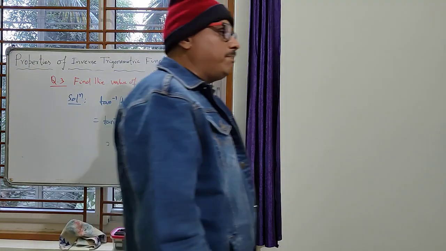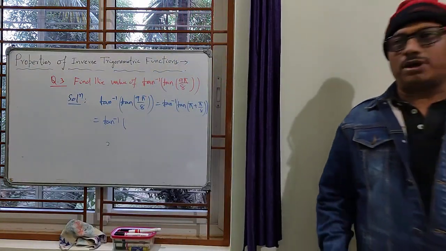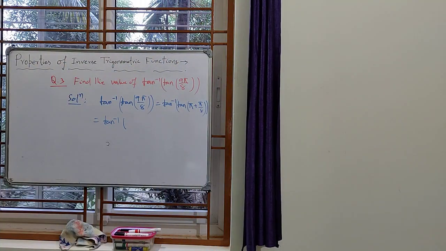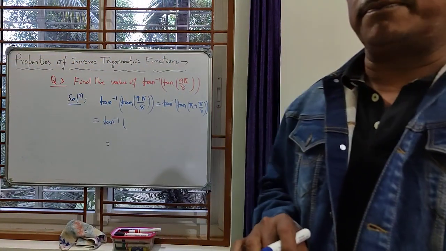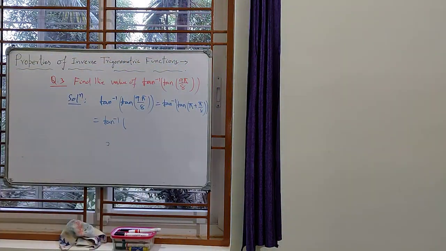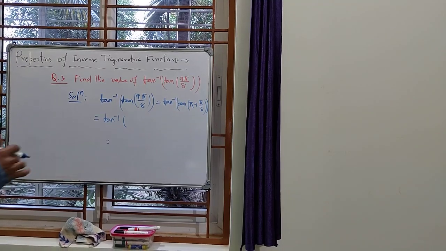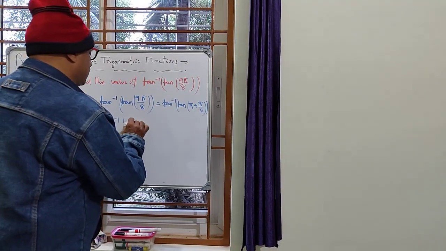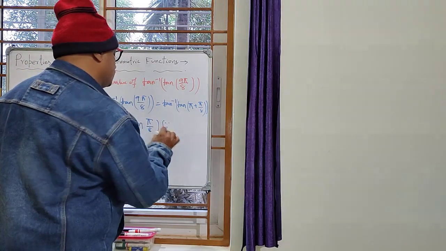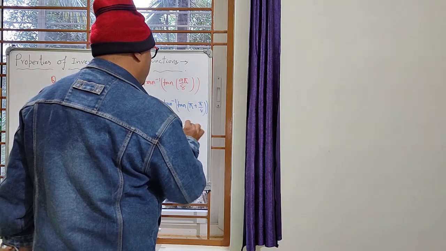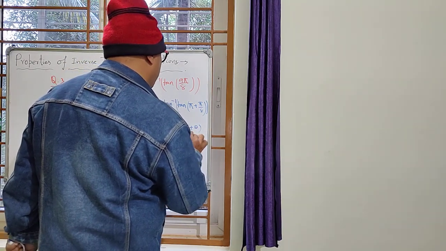That means tan pi plus theta. Pi plus theta will be in the third quadrant of the Cartesian plane. In the third quadrant, the tan function is positive. That's why we can write tan inverse tan pi by 8, since tan pi plus theta equals to tan theta.